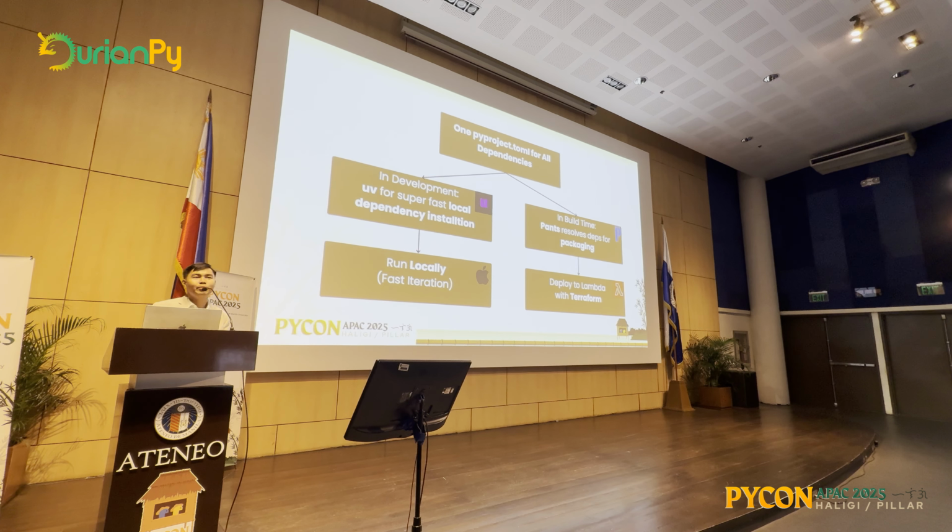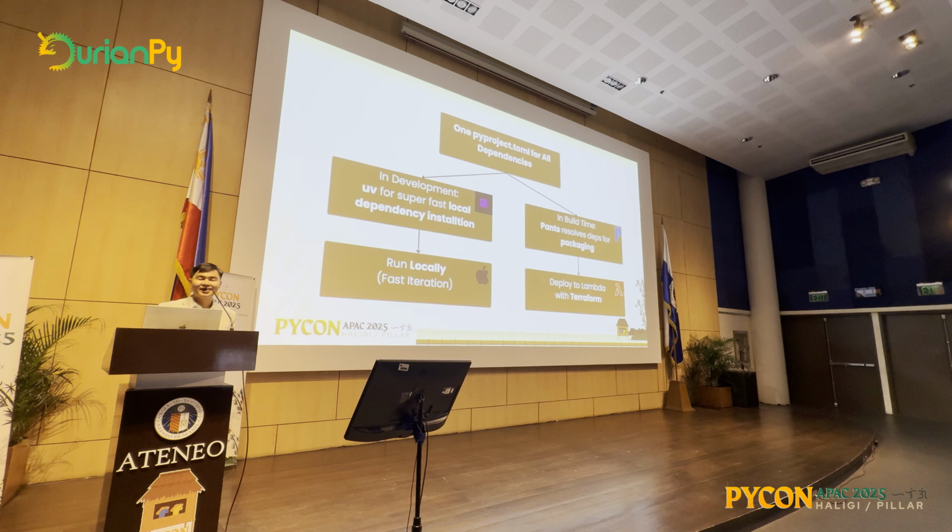And for our build time, we will run parallel builds with the pants build system with dependency inference, all based from that centralized pyproject.toml file. And all of that will be deployed for AWS Lambda with Terraform. So that's the whole system. Terraform can actually be substituted with other infrastructure as code tools that support uploading a zip file to AWS Lambda. So it can be CDK or any other IaC tool that you want.